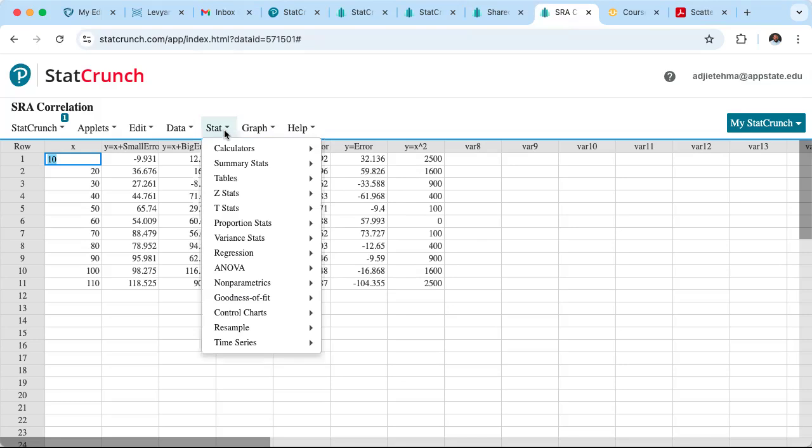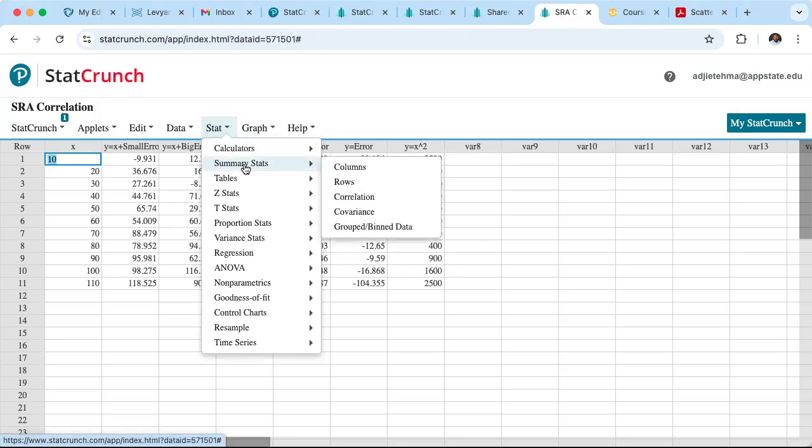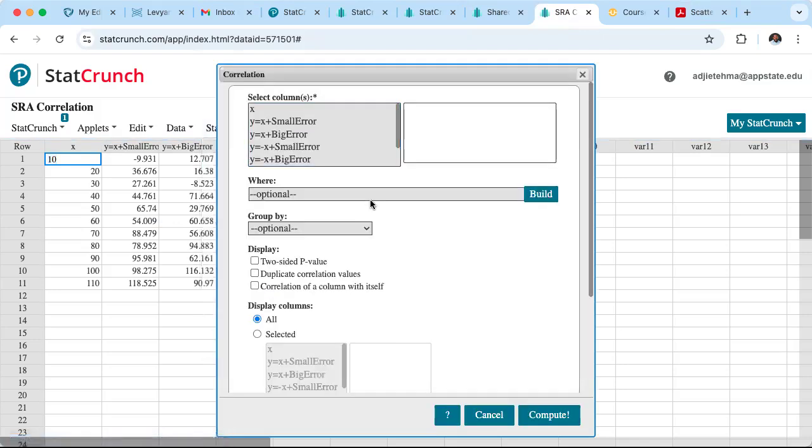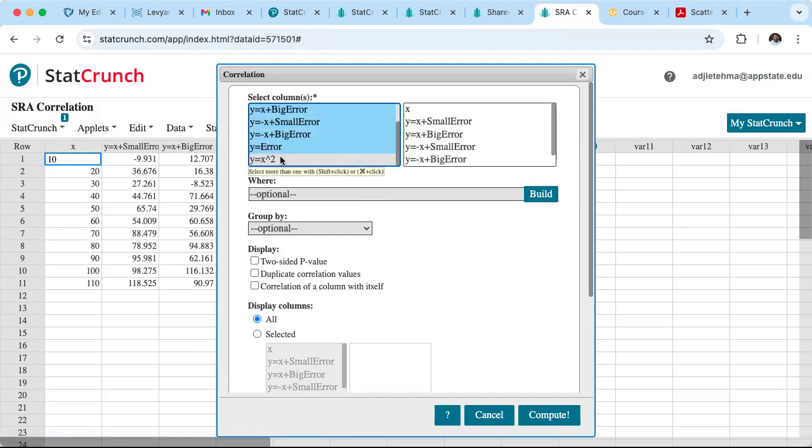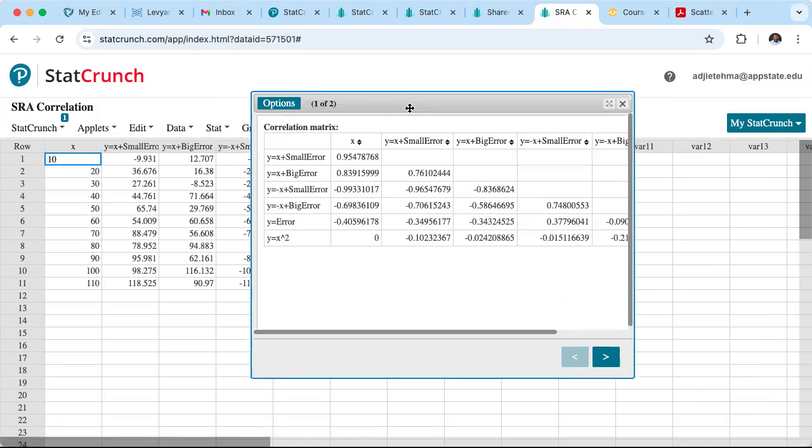So I go to Stats, I go to summary stats, and then I go to correlation, and then I click on that. If you want, you can just highlight those two, but I want to do all of them. Is that okay? So I can highlight all of them, and then you hit compute. And it does that for you nicely.